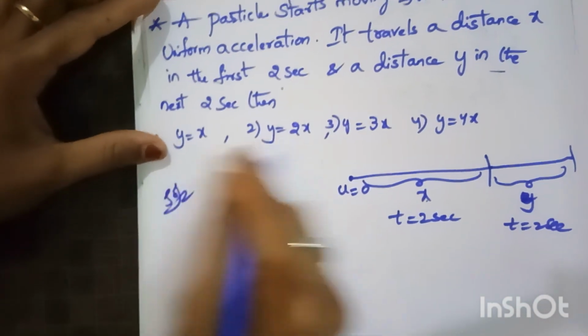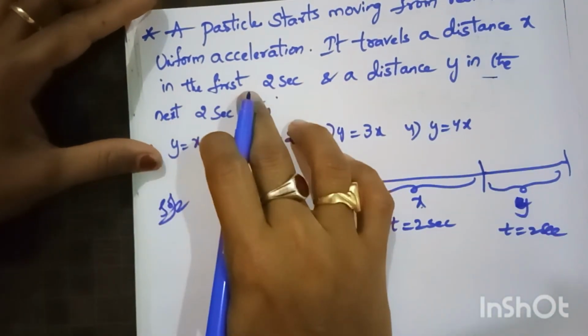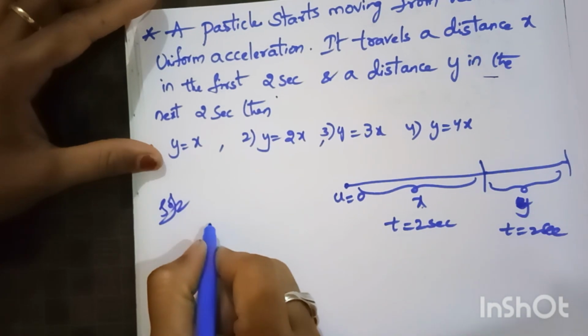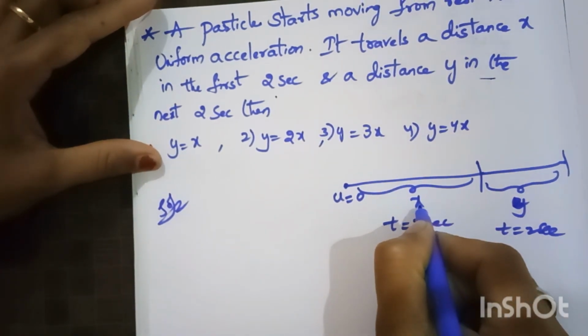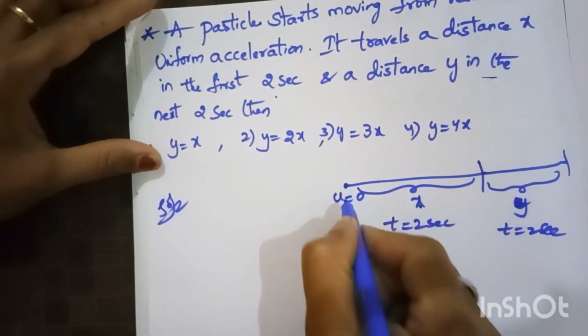For the first distance, what they have given? It travels a distance of x in the first 2 seconds. For the first 2 seconds, we have distance, time, and initial velocity.